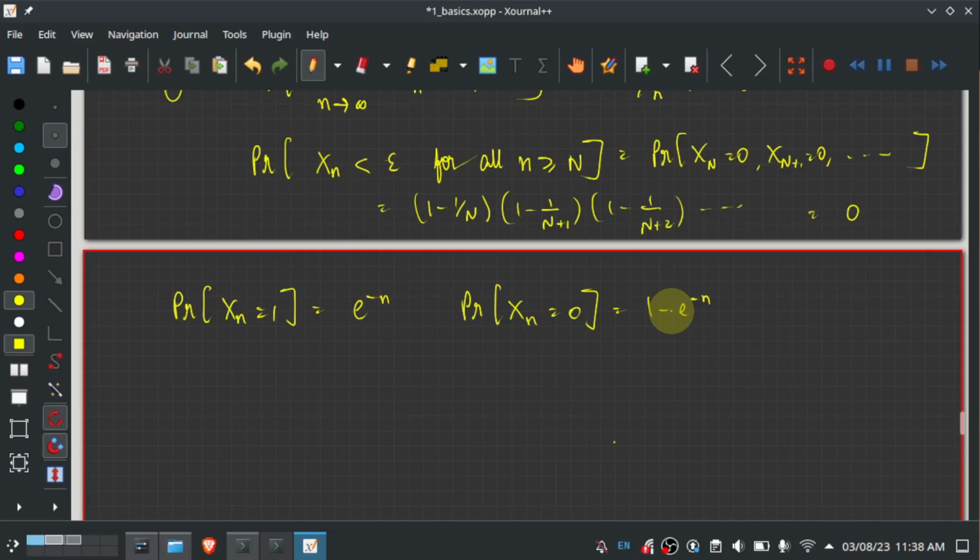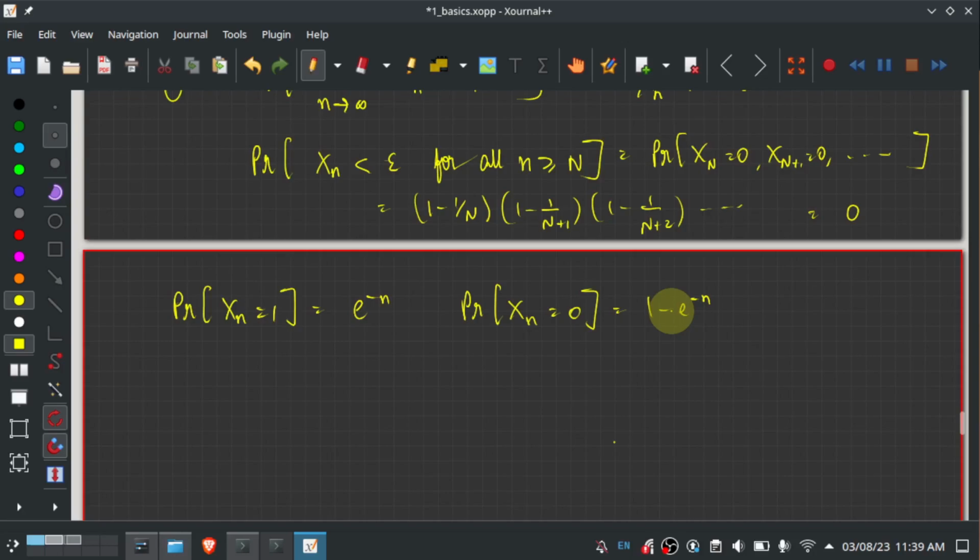But the question is, will this make a difference? It should not, and in fact it will not. You'll still get this probability to be equal to 0.